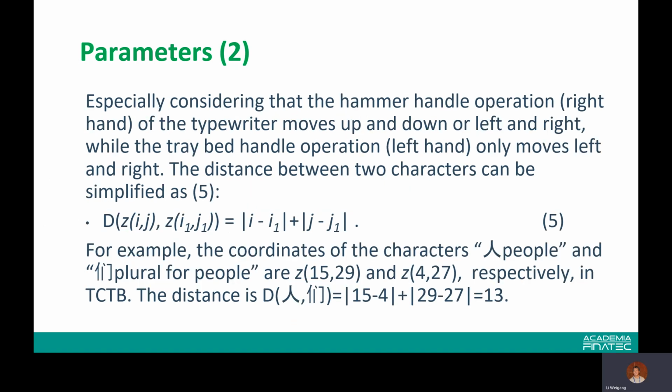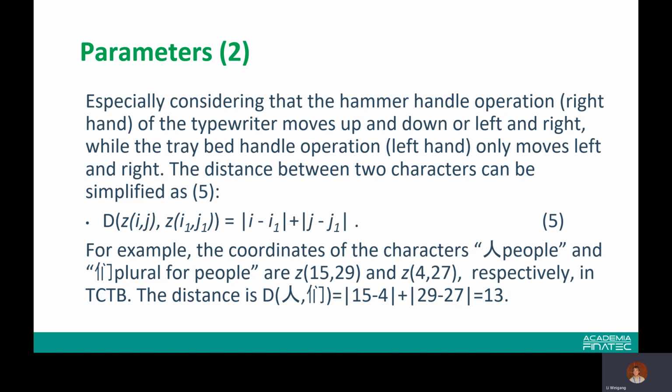Especially considering that the hammer handle operated by the right hand of the typewriter moves up and down or left and right, while the treatbed handle operated by the left hand only moves left and right, the distance between two characters can be simplified as equation 5.